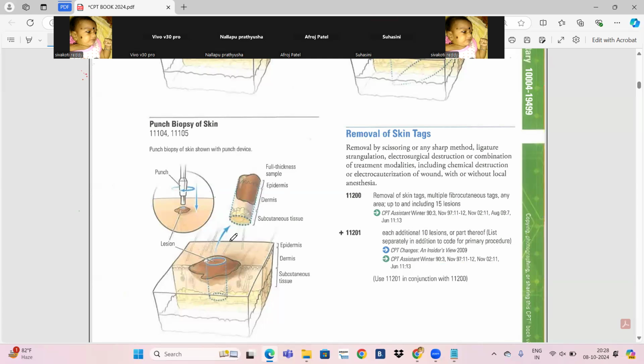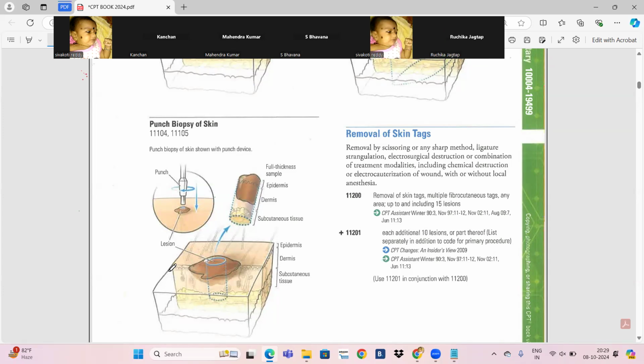Along with 11200 only you need to use 11201. So if they mention 16 skin tag removal, we need to add both: 11200, 11201.